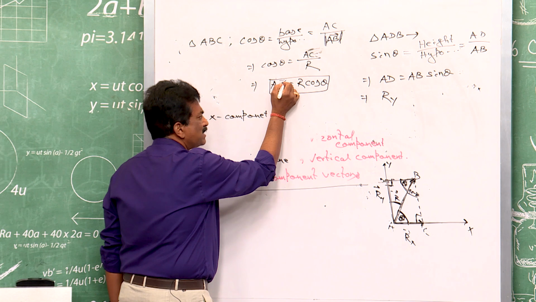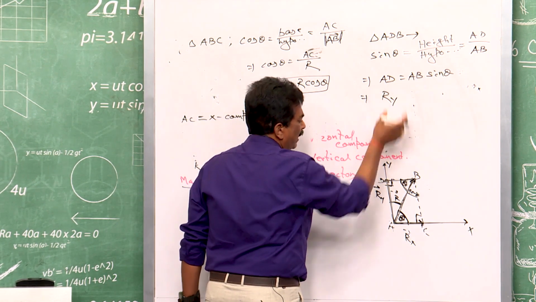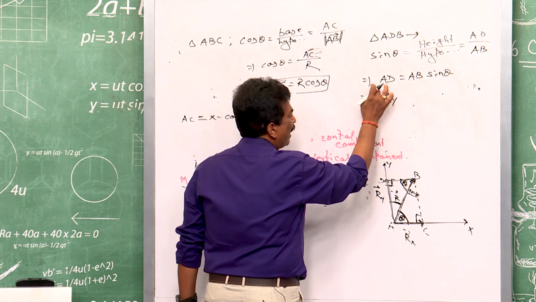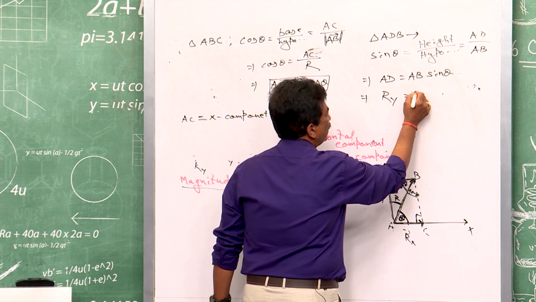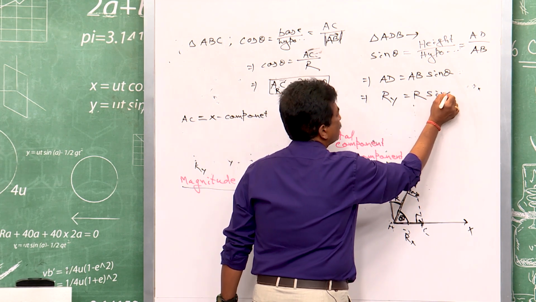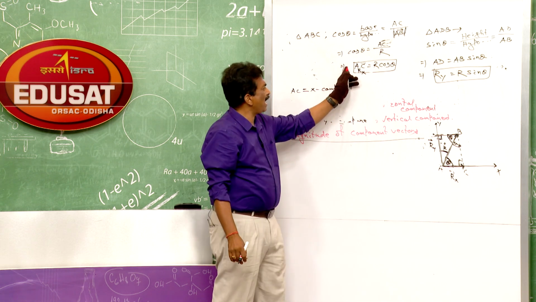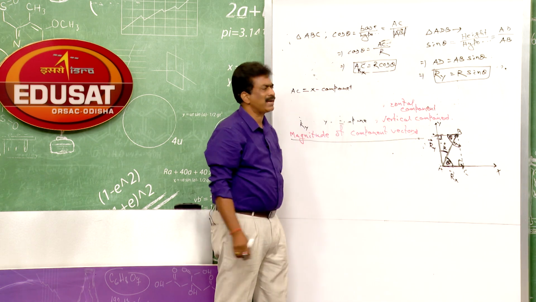If it is the AC vector, then we have to give the Rx vector. Though AD is only the magnitude, therefore that is the Ry vector mod, or simply that is equal to Ry. That is equal to r sin theta. So Rx will be r cos theta, Ry is equal to r sin theta.